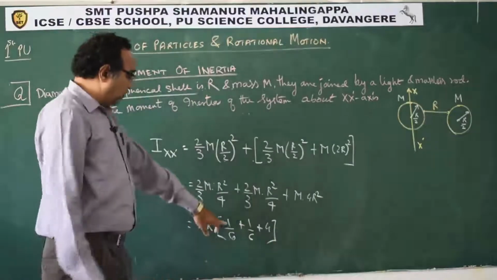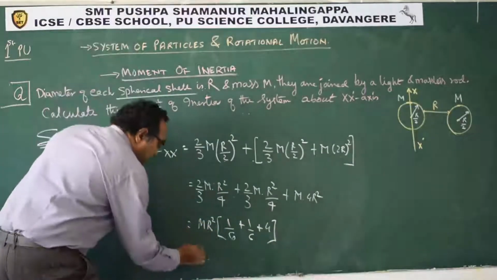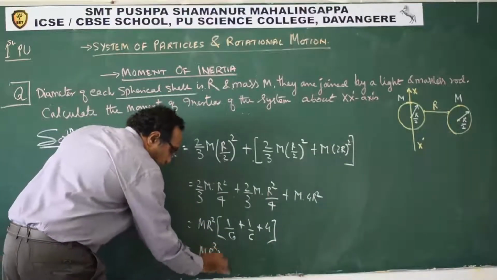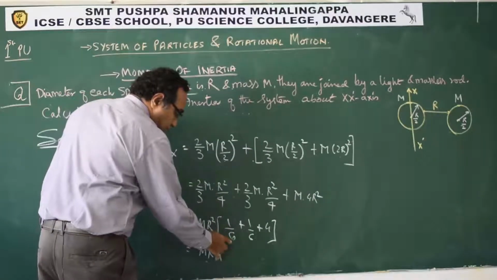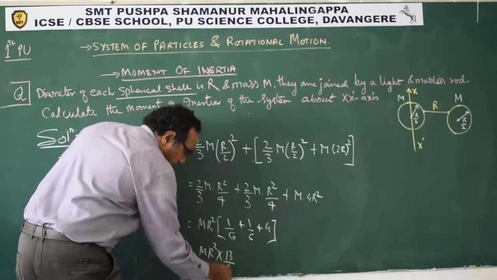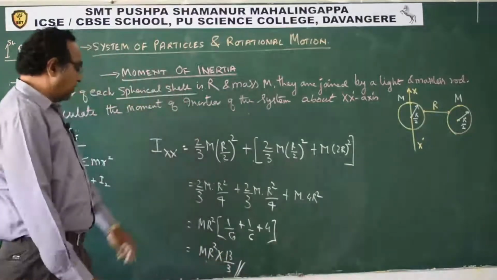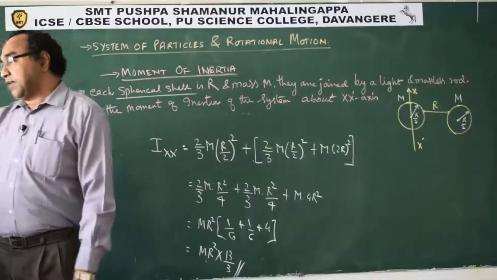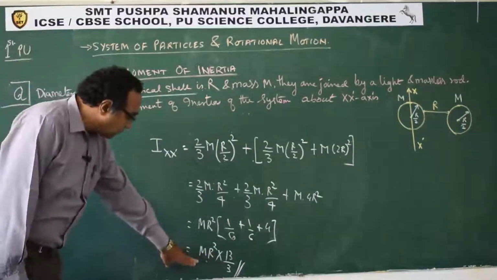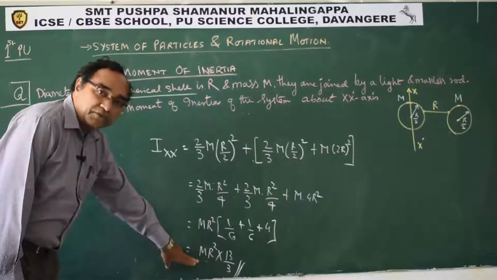So this is 1 by 3. So we get mr square common, and this is 1 by 3 plus 4. That is exactly how we can find the moment of inertia about the axis xx dash, which comes out as 13 by 3 mr square.